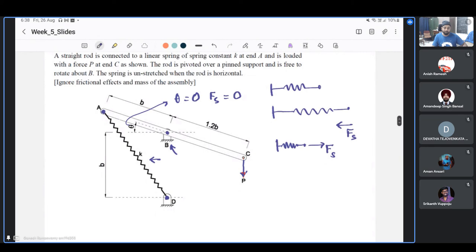We have to ignore the mass of the assembly, the rod which we are seeing, for solving the problem. So we are only looking at two active forces: one is the spring force, and the other is P.